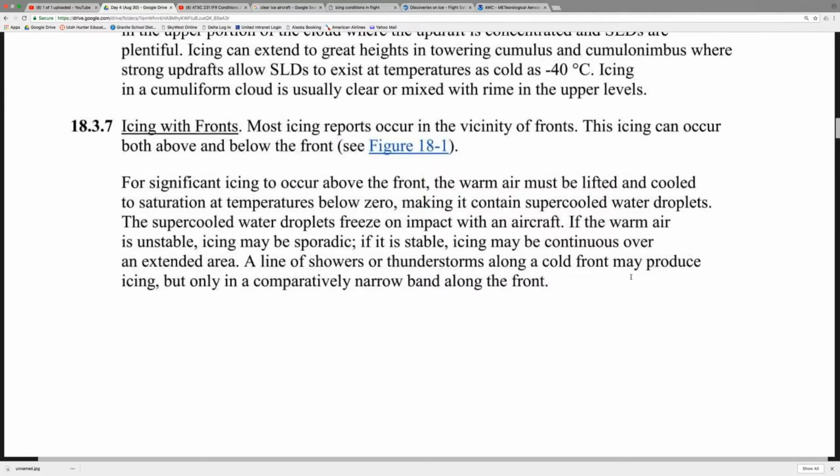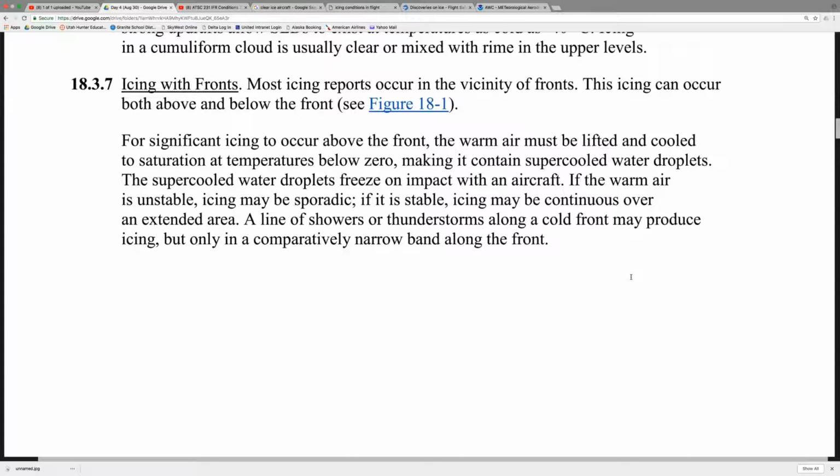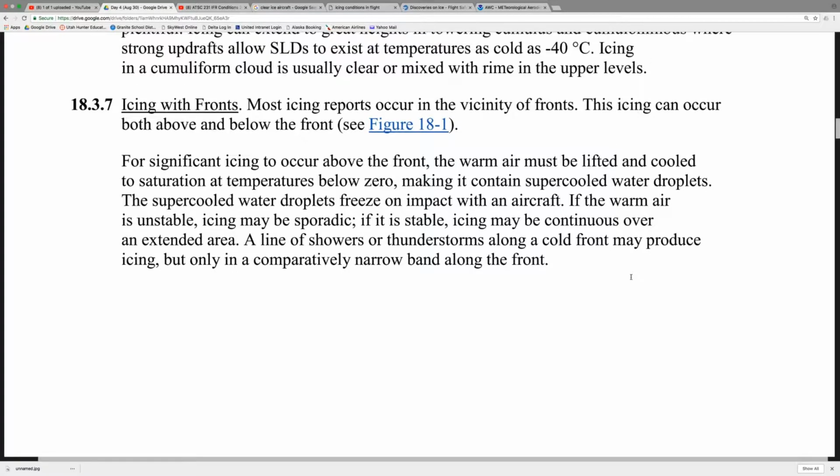Flying into clouds, you're going to get ice 99% of the time, just because clouds are typically high enough that the temperature drops below 10 degrees Celsius.